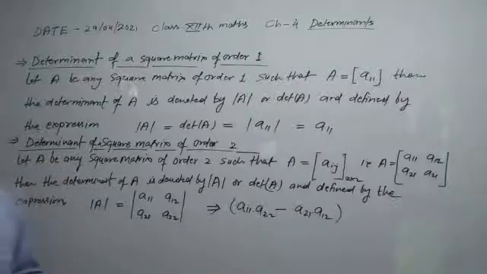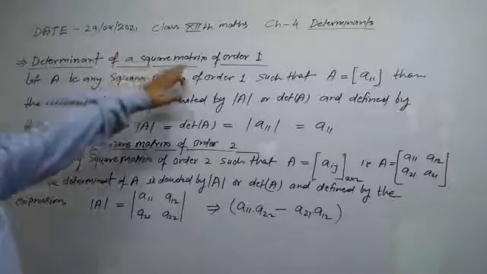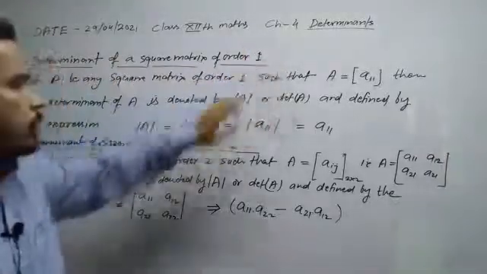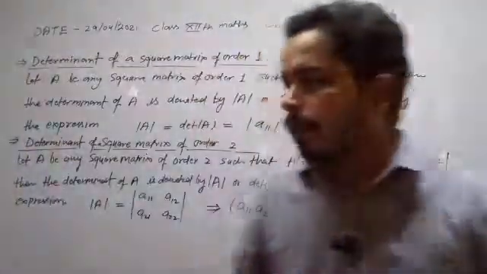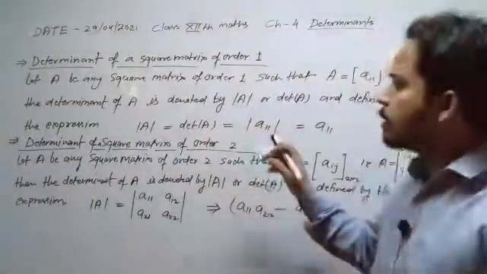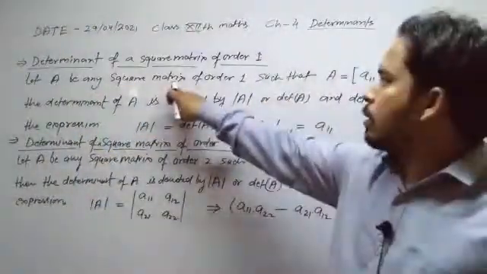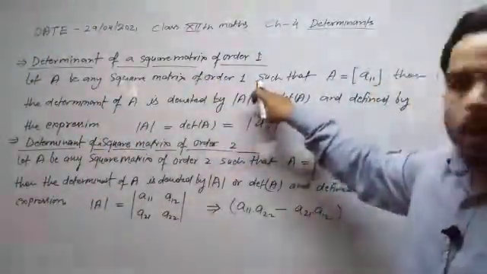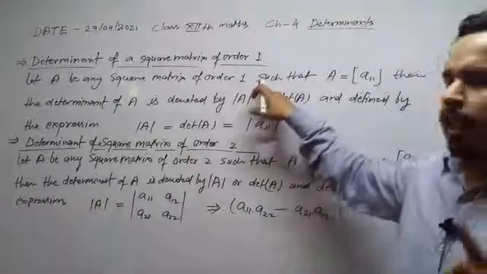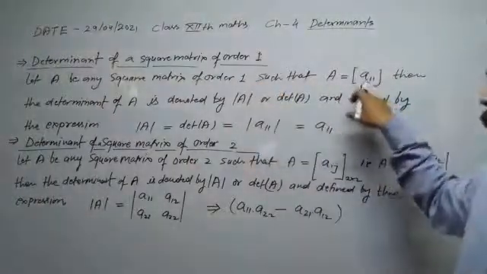So students, again I am repeating, determinant of a square matrix of order 1. How will you understand it? First of all, you will consider any square matrix of order 1. Order 1 means it contains a single element, A11.